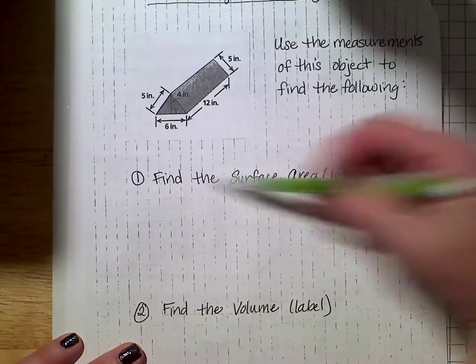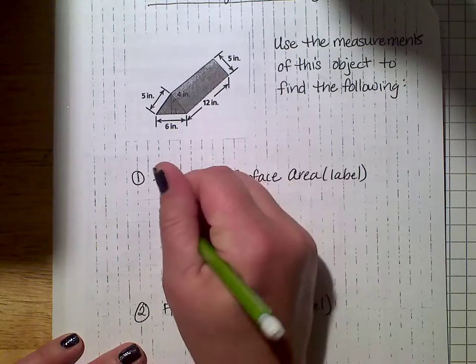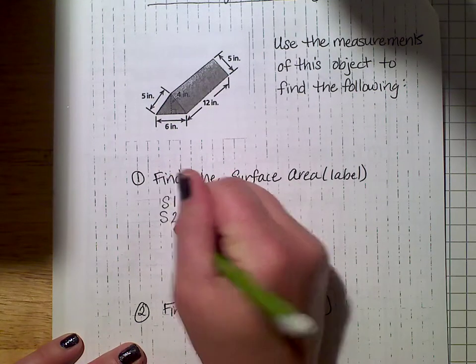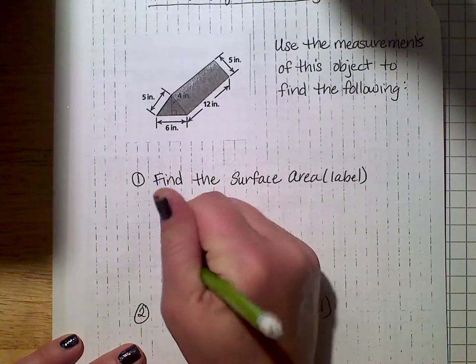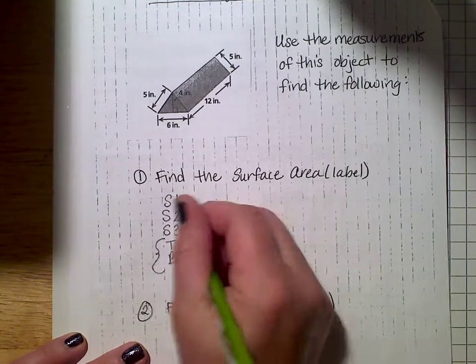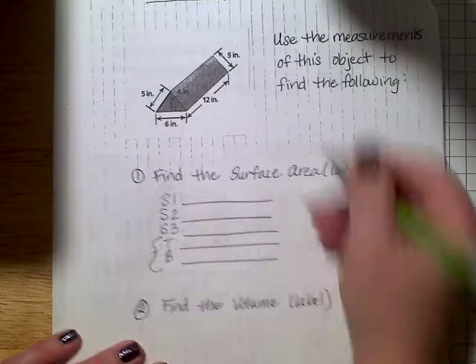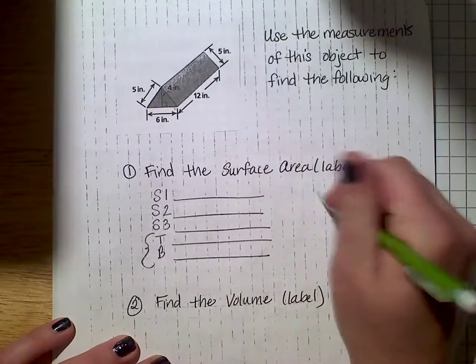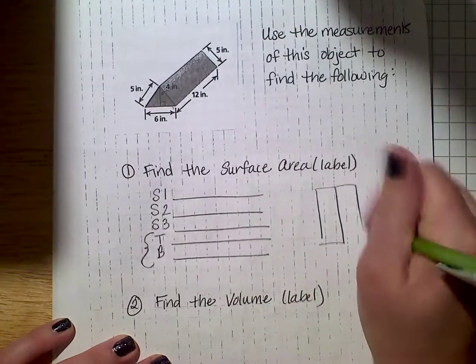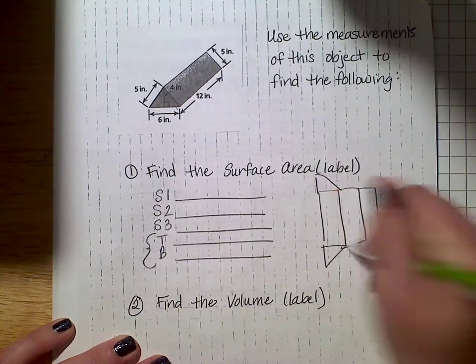So again, same thing with surface area. Surface area is the length, so we have side 1, side 2, and side 3, and we have top and bottom, which will be the same measurement. And surface area, we're going to look at our rectangles first. I am going to draw them out like this, and then just put the triangles this way.